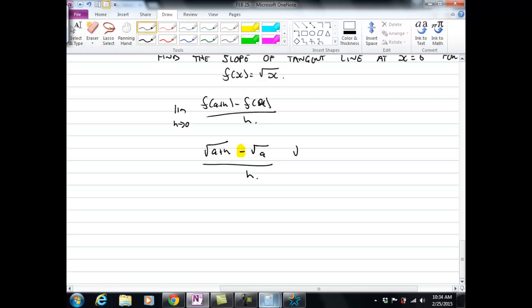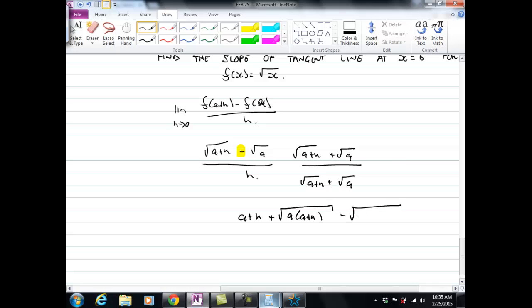So we're going to multiply this by root a plus h plus root a over root a plus h plus root a, which will give you, here comes the tricky part, a plus h minus a over h times root a plus h plus root a.